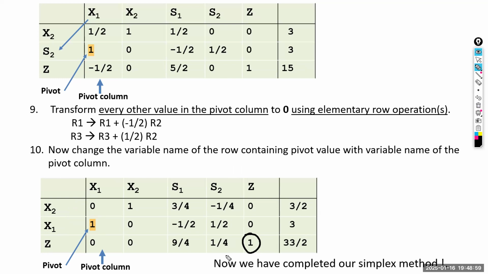profit or whatever. Okay. Right, any questions? If an S value remains in the basis, how do we get X values? What do you mean by that? Means if this is still there, then that X value is 0.